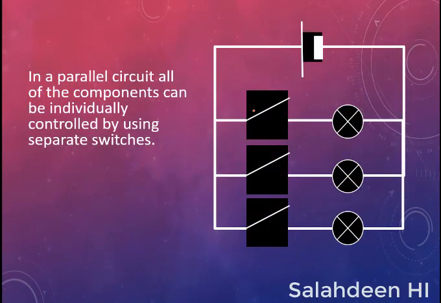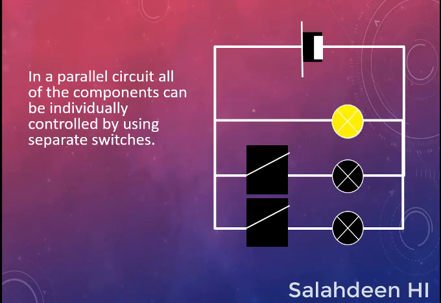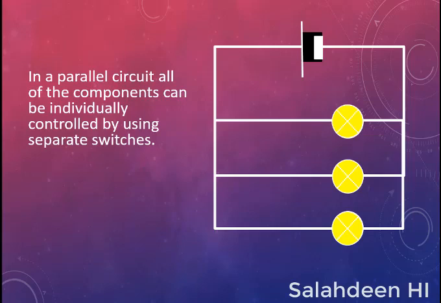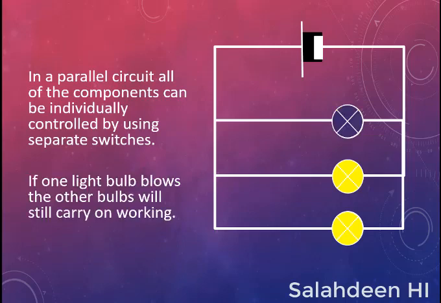In a parallel circuit, all of the components can be individually controlled by using separate switches. So this switch will turn on this lamp, this switch will turn on this lamp, and this switch will turn on this lamp. Now, if one light bulb blows, the other bulbs will still carry on working.